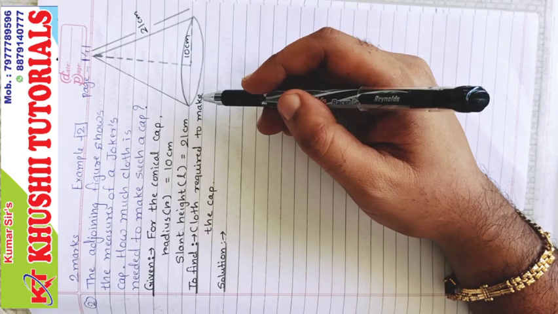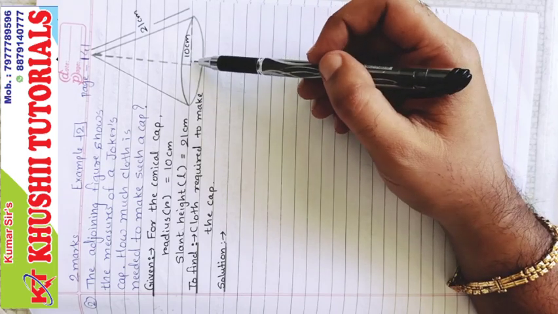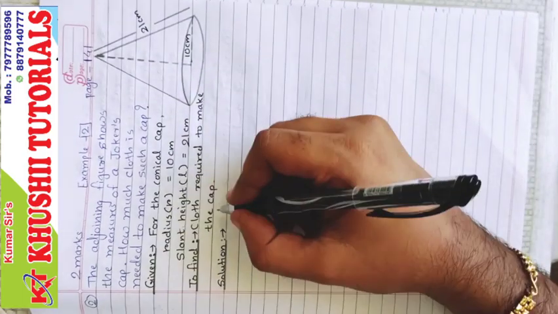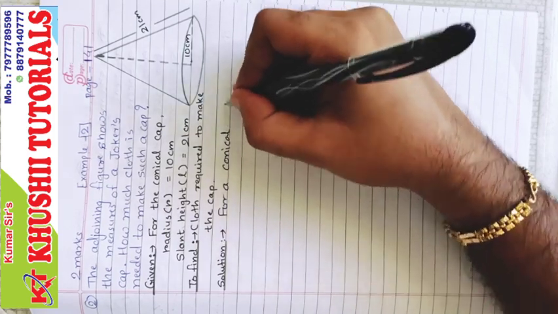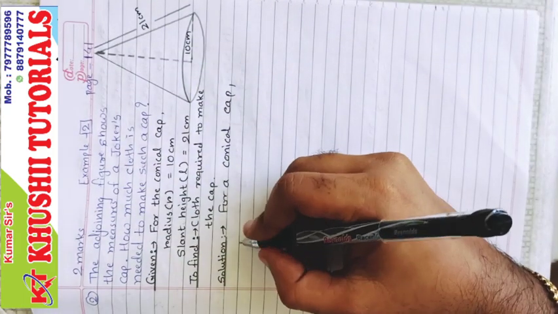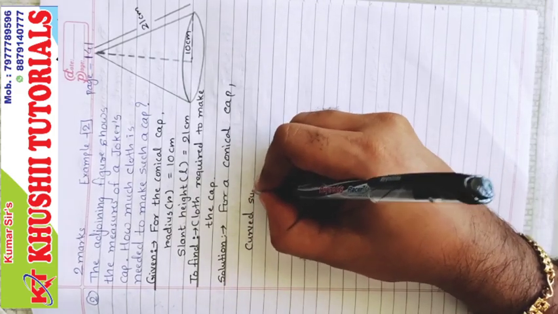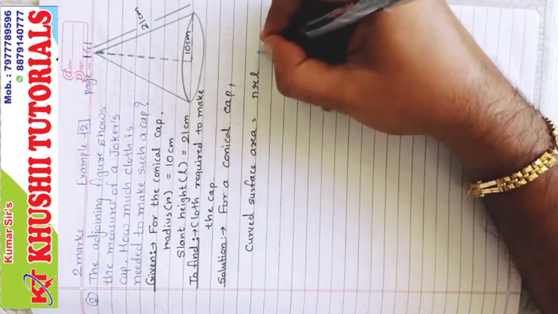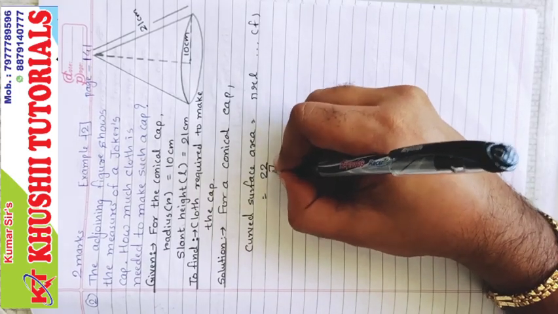And what is the curved surface area of cone? Pi RL. Pi will remain 22 upon 7 or 3.14. R is given 10 and slant height L is given 21. So all measurements are there. So for a conical cap, curved surface area is pi R L, and this is formula, pi 22 by 7 because value of pi is not given.